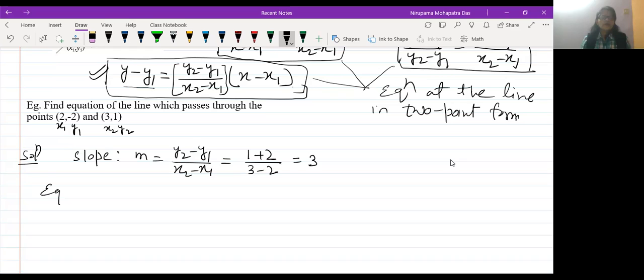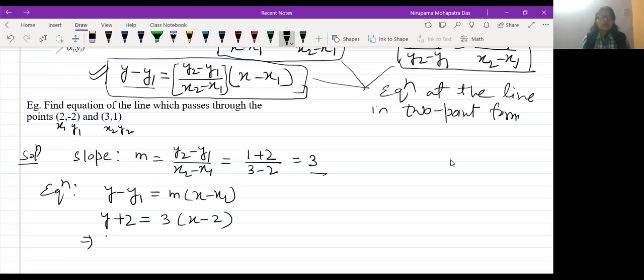The equation of the line is y minus y1 equal to m into (x minus x1). So y plus 2 equal to 3 into (x minus 2), which gives y plus 2 equal to 3x minus 6, or 3x minus y minus 8 equal to 0.